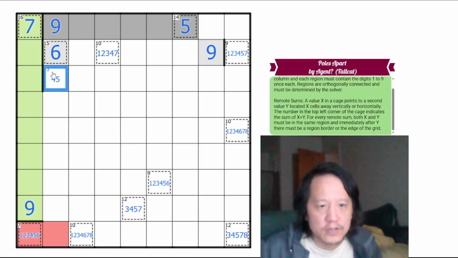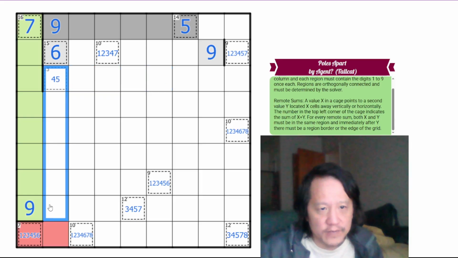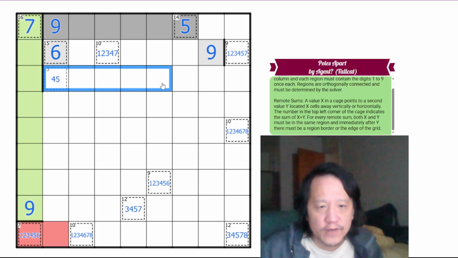So this has to go 1, 2, 3, 1, 2, 3, 4. I guess this could be green. So it could go 4 that way. Cannot go 5 this way. It could go 5 this way. So 1, 2, 3, 4, 5. So 1, 2, 3, 1, 2, 3, 4, 5.